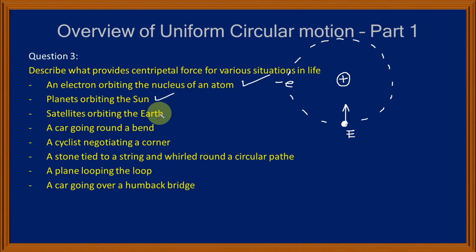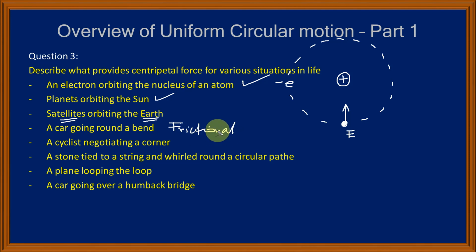How about satellites orbiting the Earth? Again, it is the gravitational pull on the satellites by the Earth which provides the necessary centripetal force on the satellite. Car going round a bend. This one, the centripetal force on the car is provided by the sideways frictional force on the tires by the road.